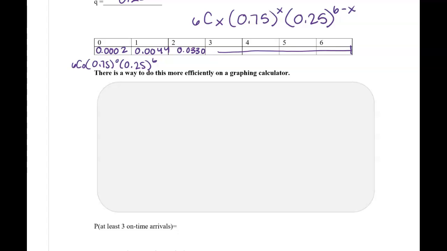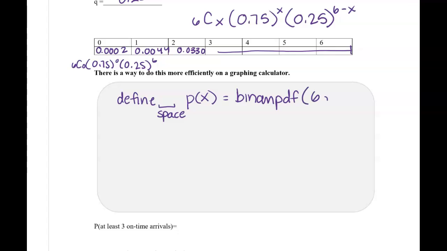So on a graphing calculator, you do define, then you have to put a space or it won't work. P of x equals binomPDF. Just type it in. There's a way to find it in the functions too, but I find it fastest just to type it in. And then we'll do 6, 0.75, x.